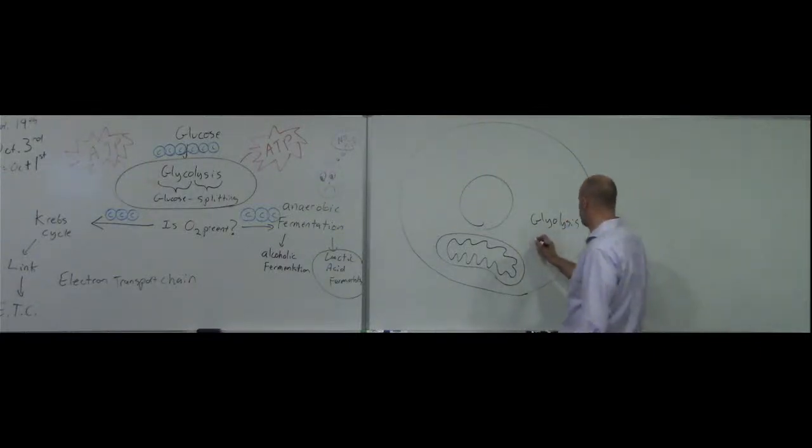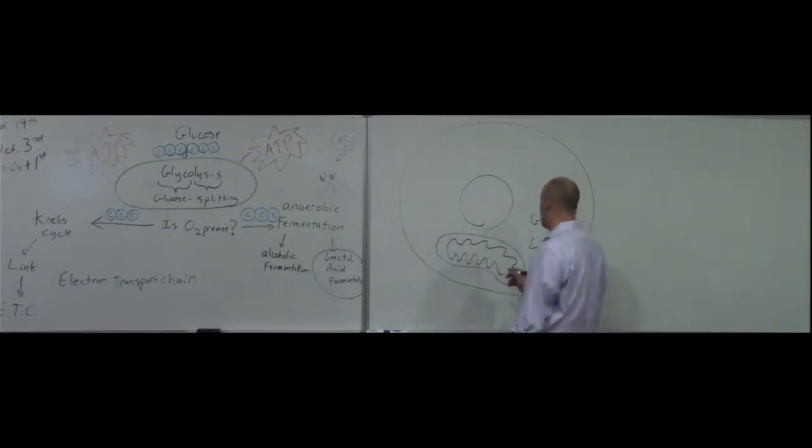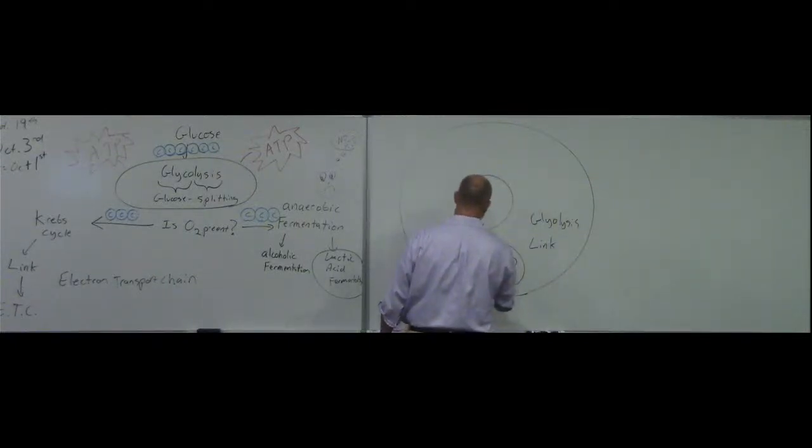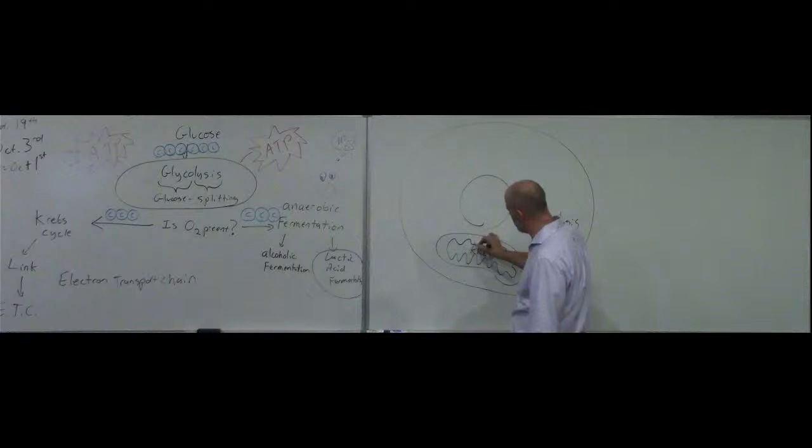My link happens out here. The Krebs cycle happens in here. And the ETC happens on here, like on the membrane.